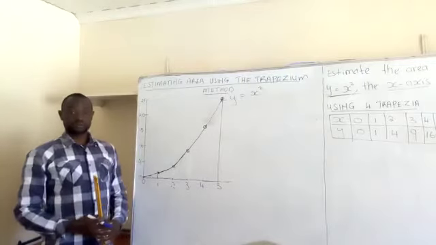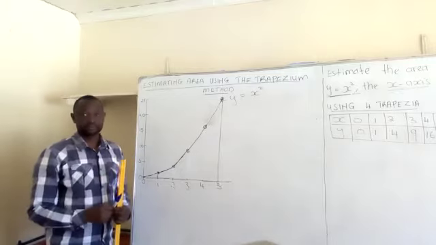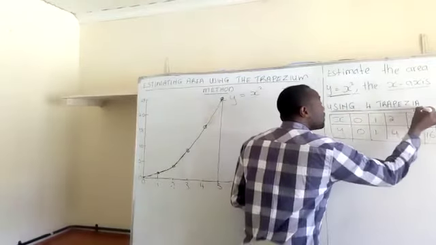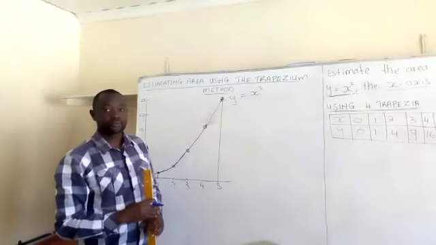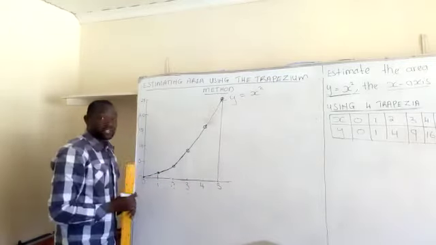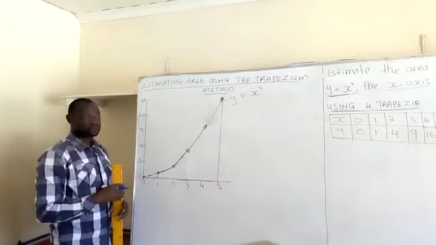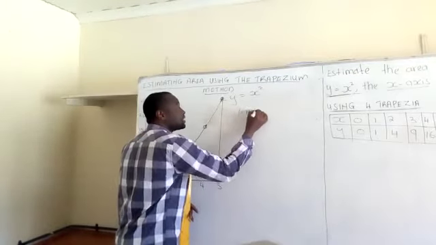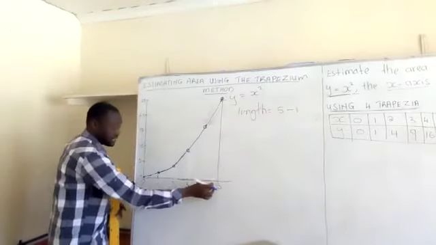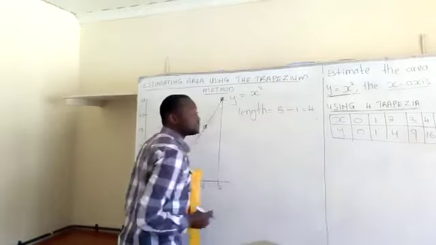So the simple thing we do is divide this region into trapeziums. In the first case, we want to use 4 trapezia. We are going to divide this region into trapeziums where the height of the trapezium will be along the x-axis. The length along the x-axis from 1 to 5 will be 5 minus 1, which will give us 4.